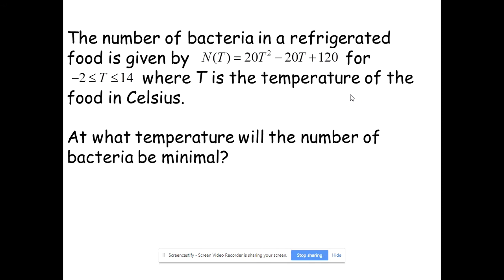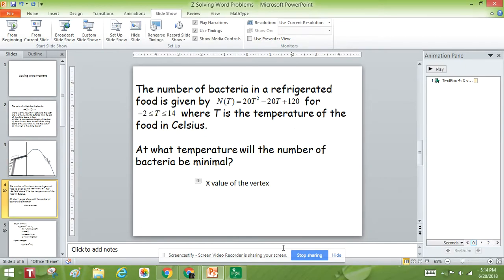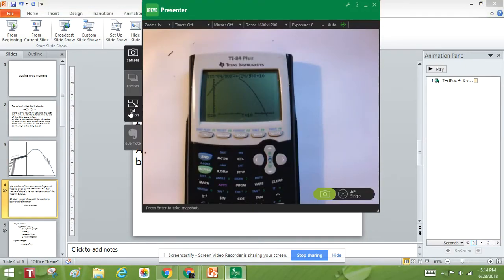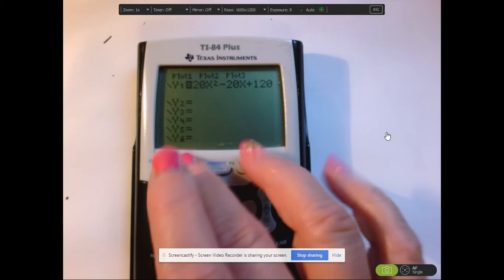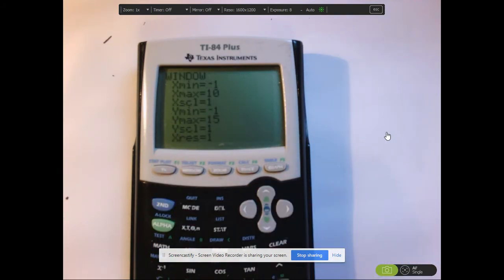All right, well, once again, let's go ahead and graph this and see what it looks like. Now I'm going to clear this equation, and enter 20x² − 20x + 120, and I'm going to set this window from negative 2 to 5, and my y's I'll set from negative 10 to 250.